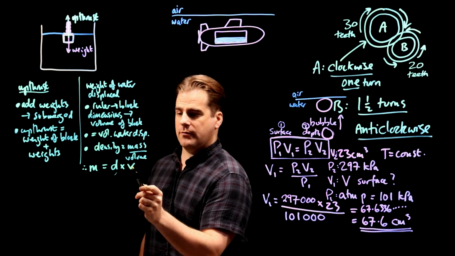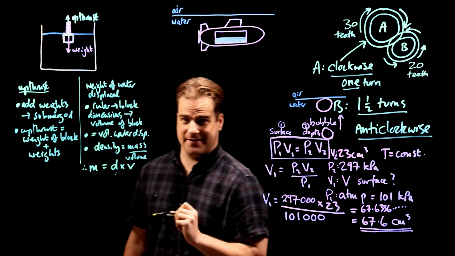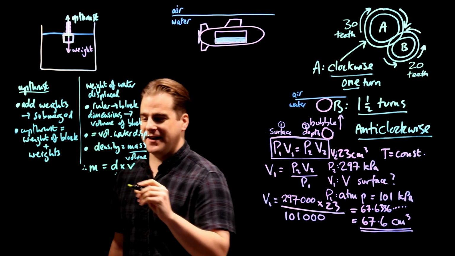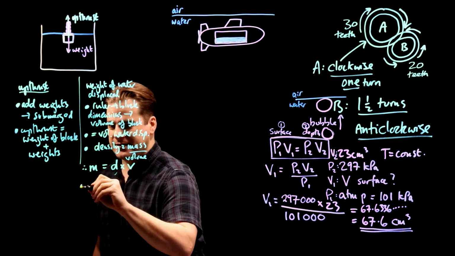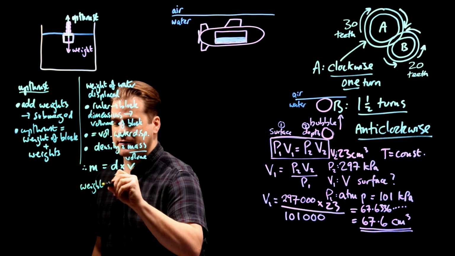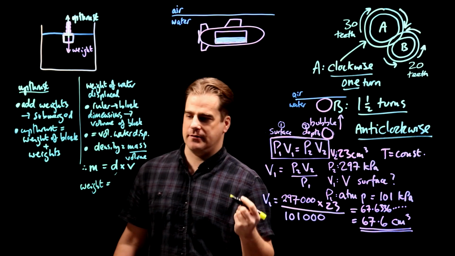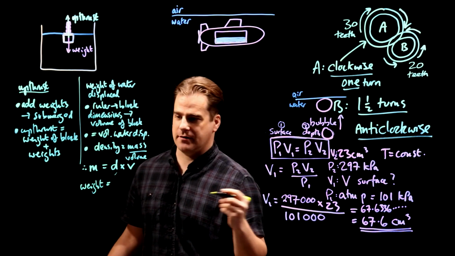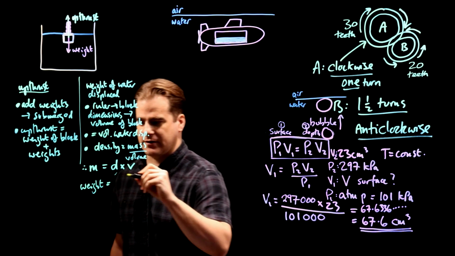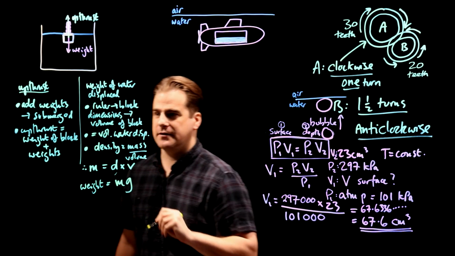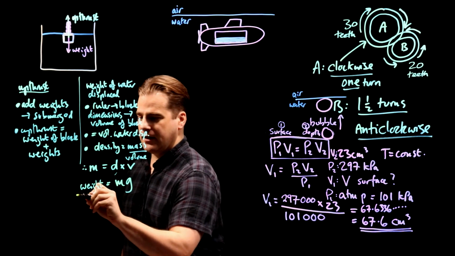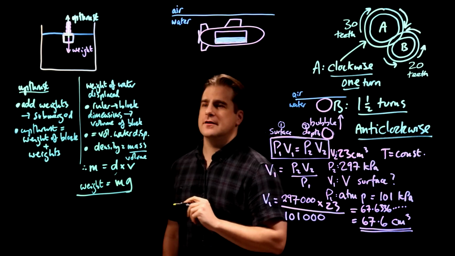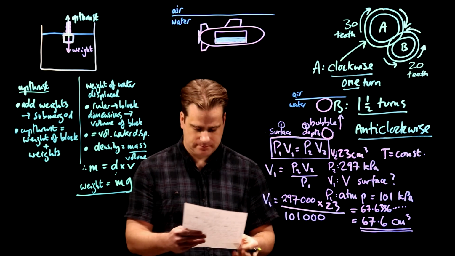She knows the volume displaced, so she's got the mass, right? And finally, the weight is equal to mg, forces mg. Mass times gravitational field strength. So the weight is equal to mg. Okay? Right. Good. Let's move on.